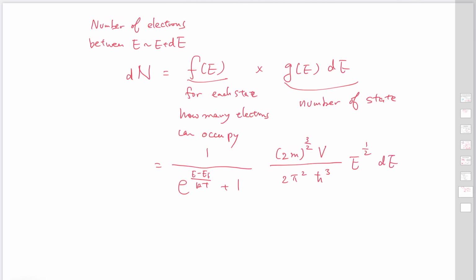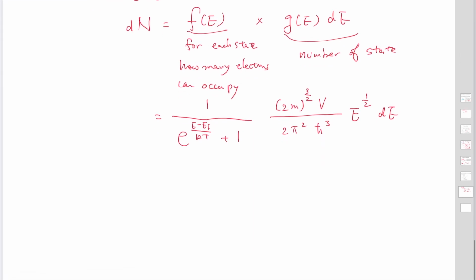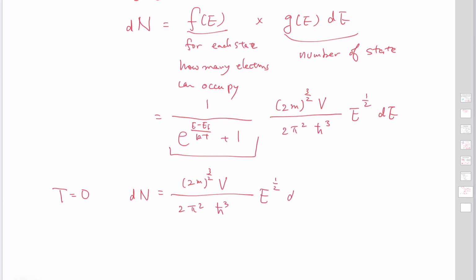So at T equals 0 temperature, this part becomes 1. So dN becomes this quantity (2m)^(3/2) V over 2π² ħ³ E^(1/2) dE.